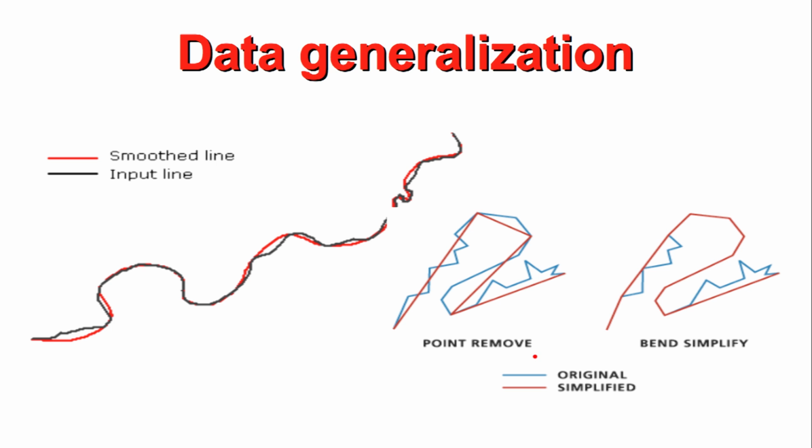The examples are given here: some points or internodes are removed in between, and then a new line has been created here. That reduces the number of nodes and makes your data more generalized. Two examples are given here. One is this one, where you can make a smooth line, a sort of best curve fit line, instead of all the small kinks and bends, which you can get rid of, and therefore you can generalize the data.